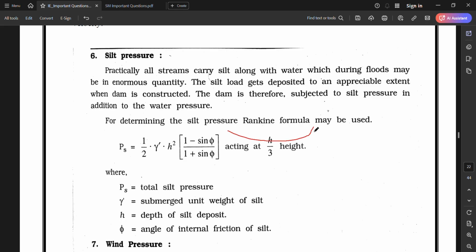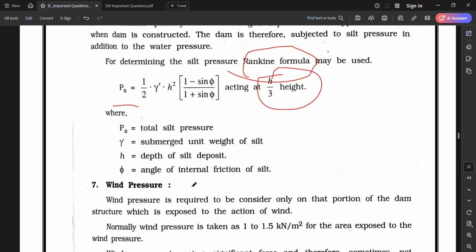We have studied the Rankine formula many times. Ps is equal to 1 by 2 into gamma dash into h square into (1 minus sin phi by 1 plus sin phi), acting at h by 3 height of the dam. Ps is the total silt pressure, gamma dash is the submerged unit weight of the silt, h is the depth of the silt deposit, and phi is the angle of internal friction of silt.